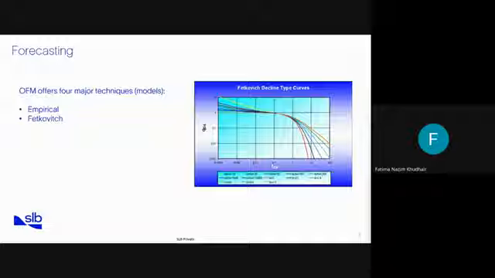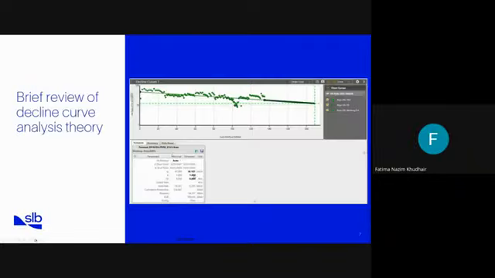So it will give us more information about the reservoir, such as the permeability, skin, and the inner and outer boundary of the reservoir. But if you want to know your reservoir volume, you will focus more on the boundary dominated flow. So these are two important things in forecasting to know your original oil in place.